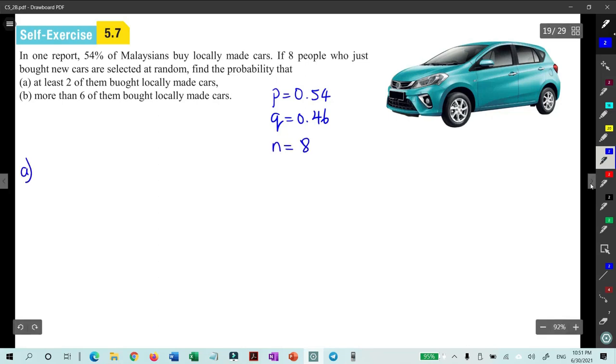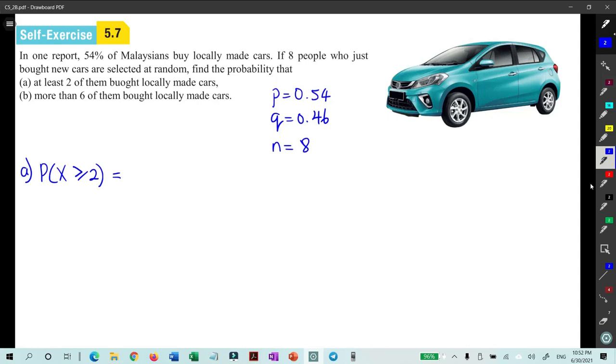And for section A, P(X equals to, not equals to, actually at least 2 means greater than or equal to 2. Okay, if you take P(X greater than or equal to 2), then we have to take the probability for P(X = 2) until P(X = 8). So this involves a lot of calculation, right?